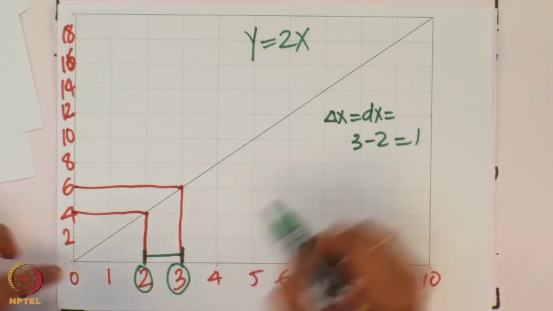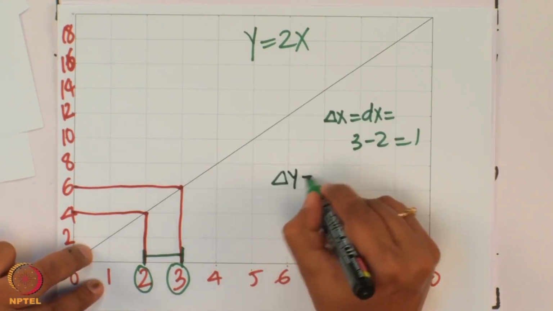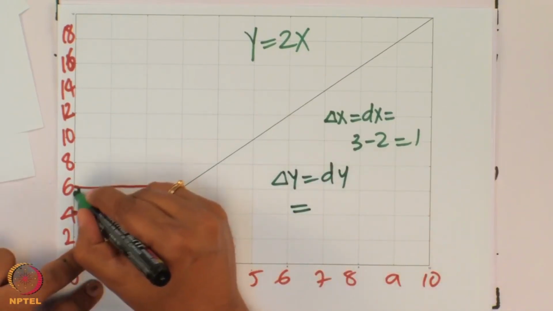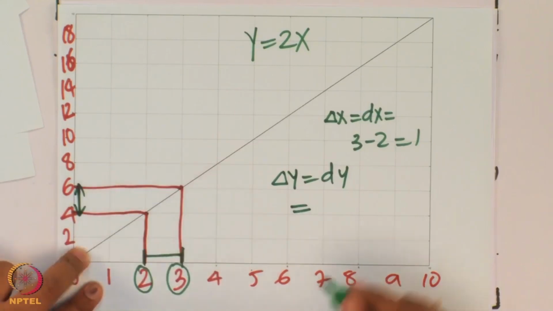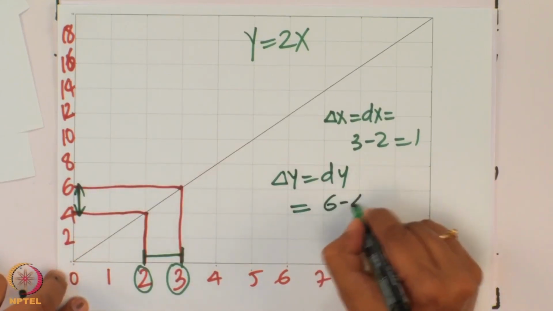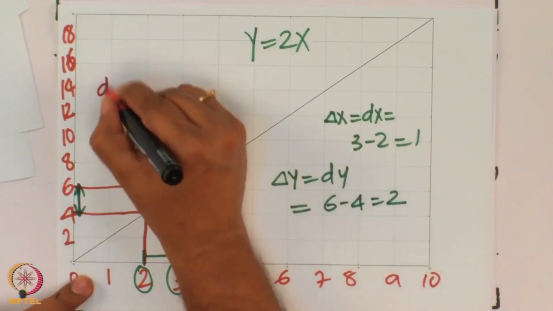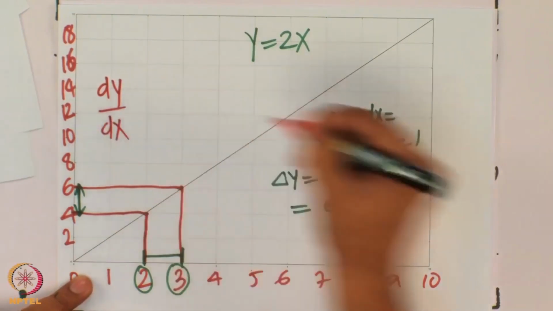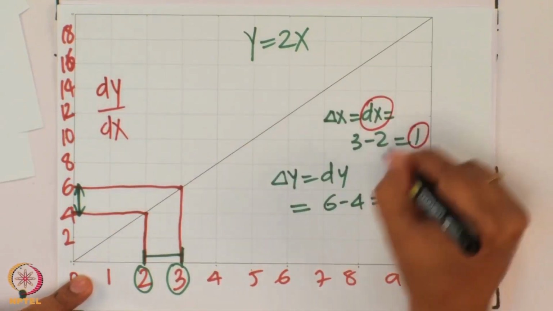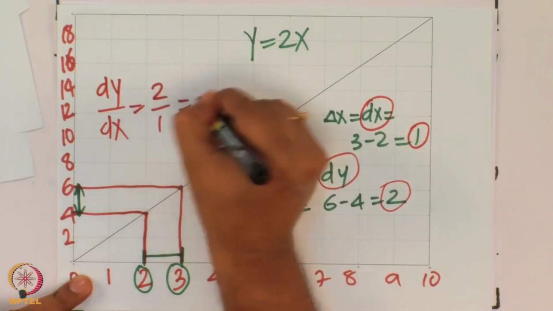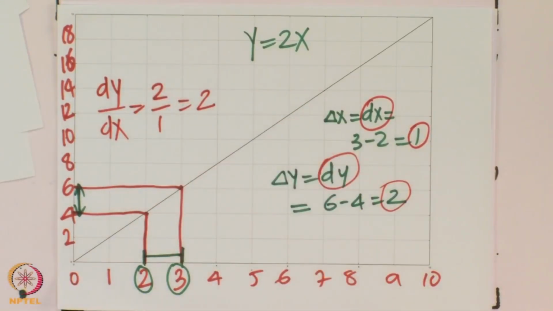So delta y or dy is 6 minus 4, which is 2. So dy by dx is 2 by 1, which is 2. So the derivative of this is 2, that's what we saw.